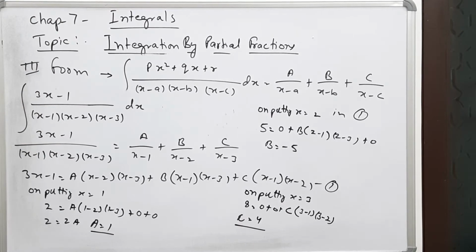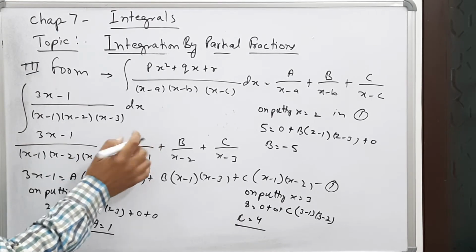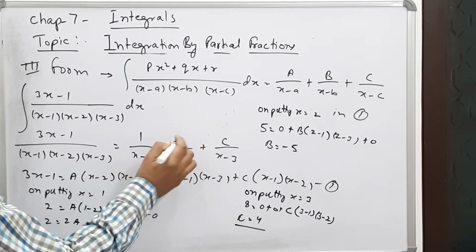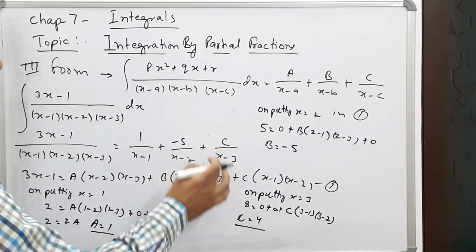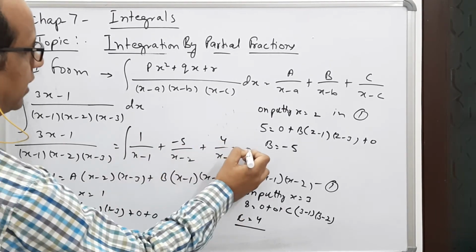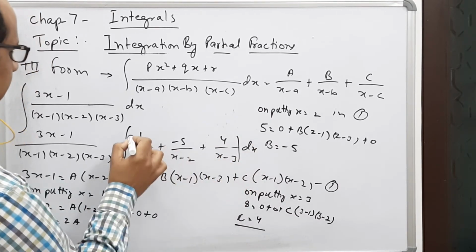So here we have got the value of a as 1, so put here 1. The value of b is minus 5, so put here minus 5. And the value of c is 4, so put here 4. And now we integrate this part like this.